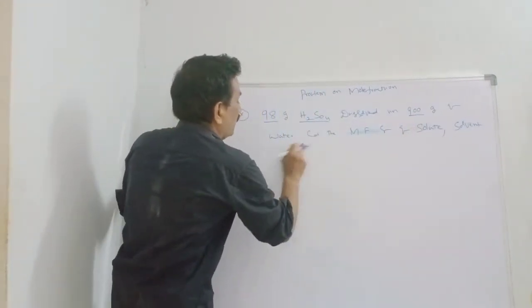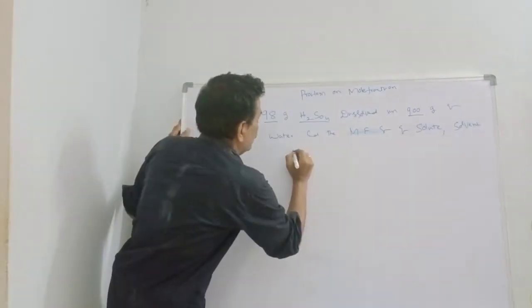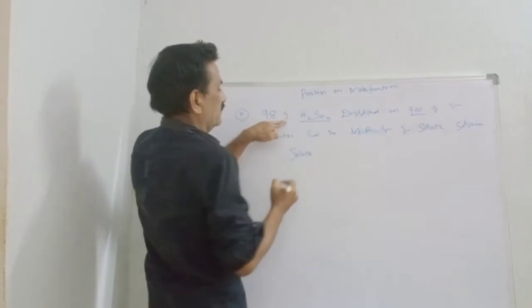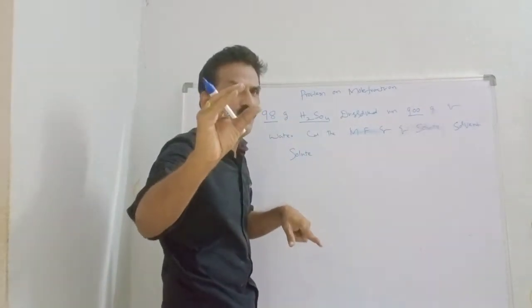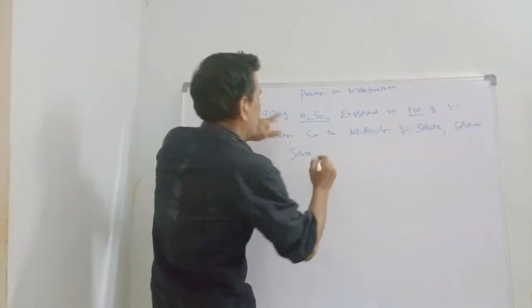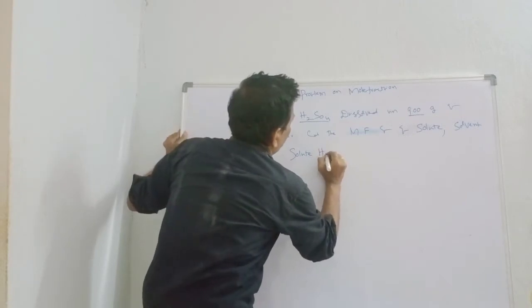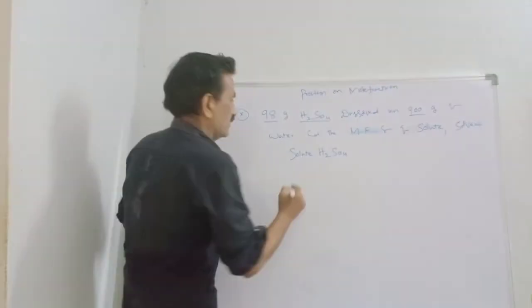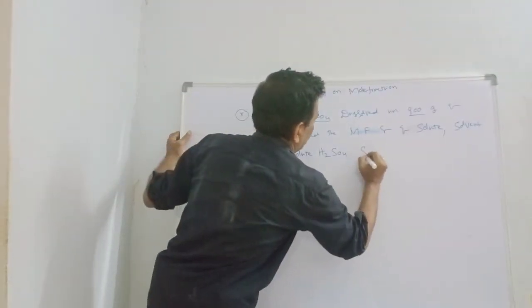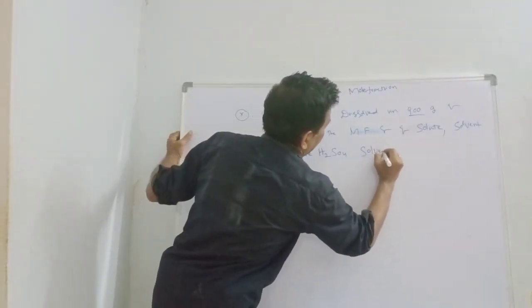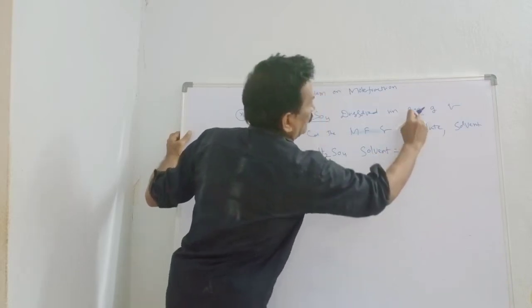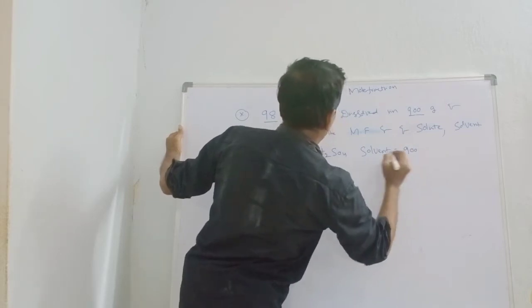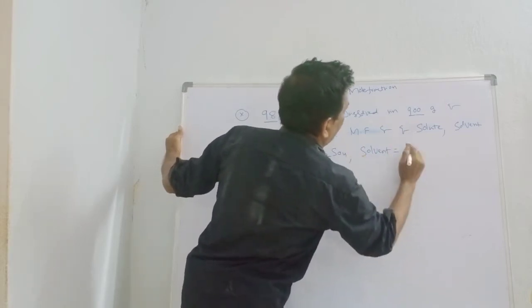So, I am confident to say here solute, lesser quantity, small quantity, that is H2SO4. Solvent, 900 grams. What is that? Water.